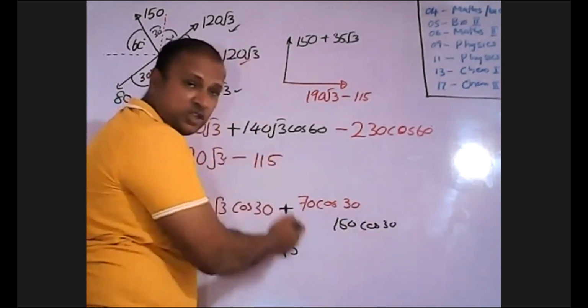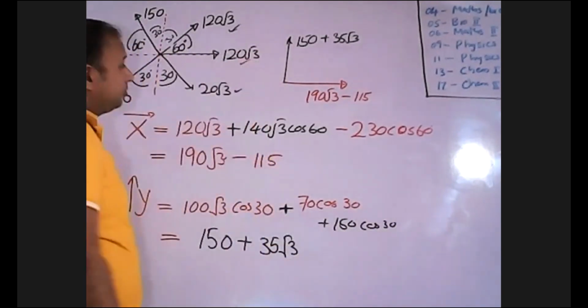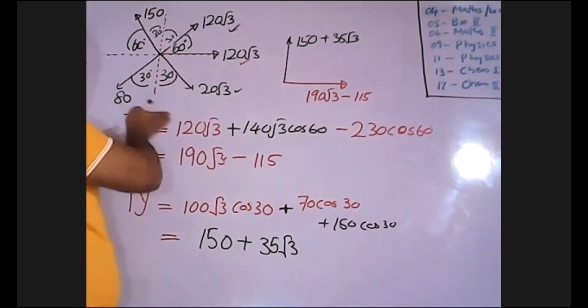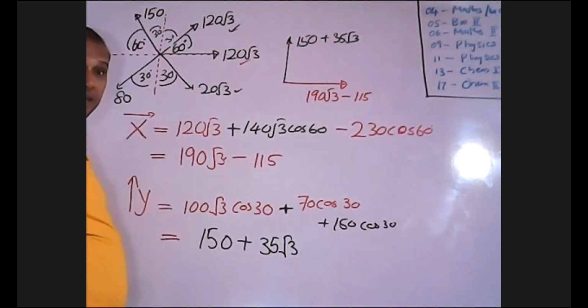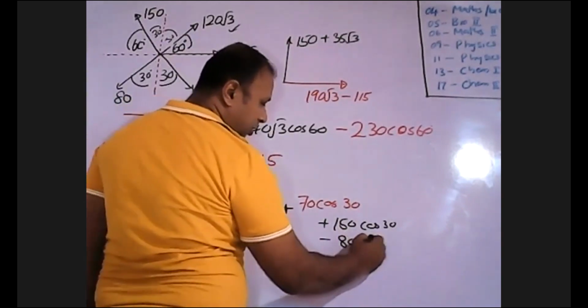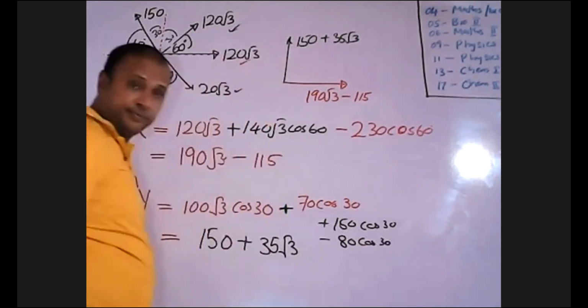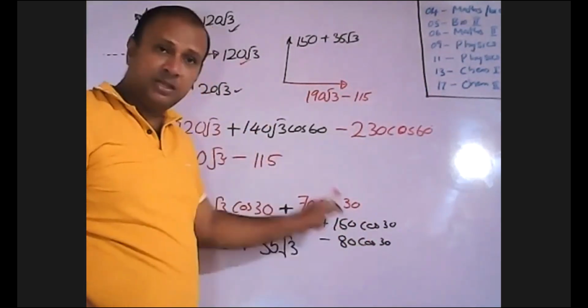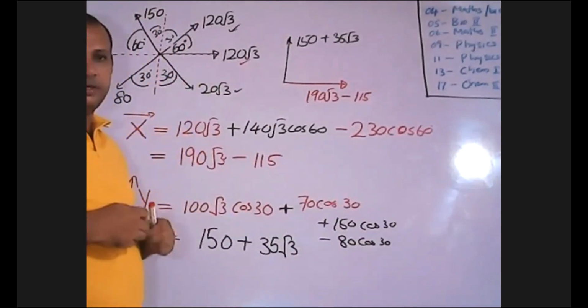As it is in the upward direction, it is positive. Again, 80 cos 30 is in the negative direction, therefore it is negative 80 cos 30. 150 cos 30 minus 80 cos 30 means 70 cos 30.